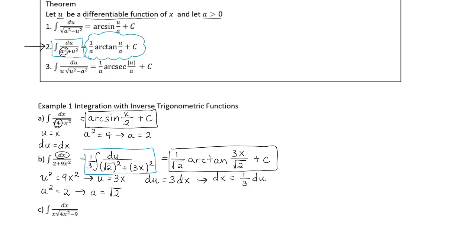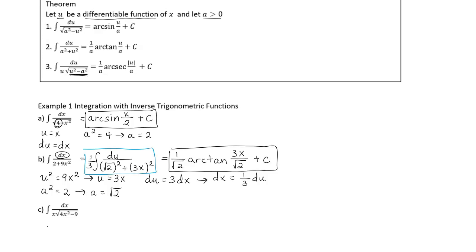In example 1c, this x on the outside here kind of gives us an indication that we will be using part 3 of the theorem, since there's this u on the outside of the square root. But to figure out exactly what u is, we're going to start on the inside, where we see this u squared minus a squared, and match that up with what we have on the inside of our square root in part c.